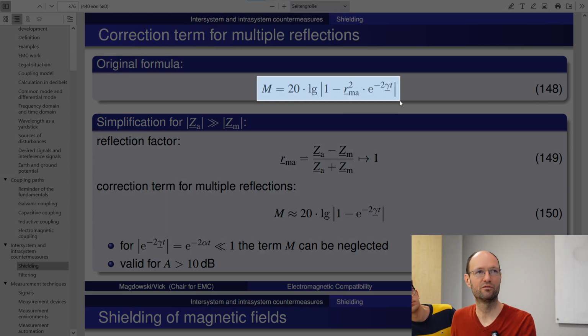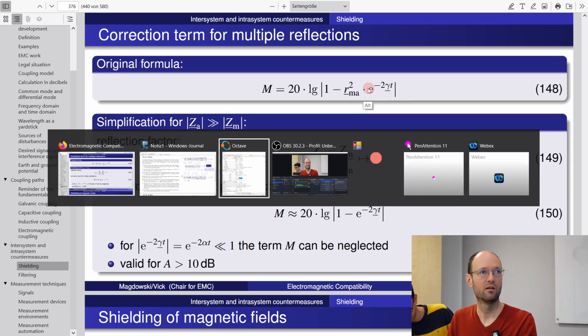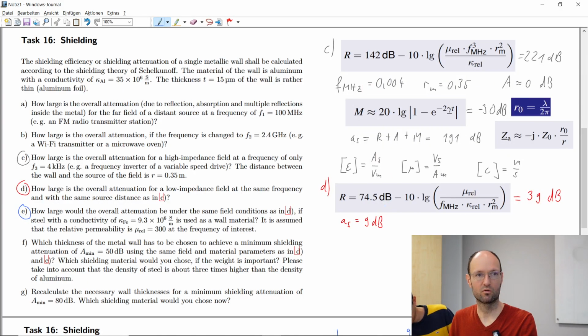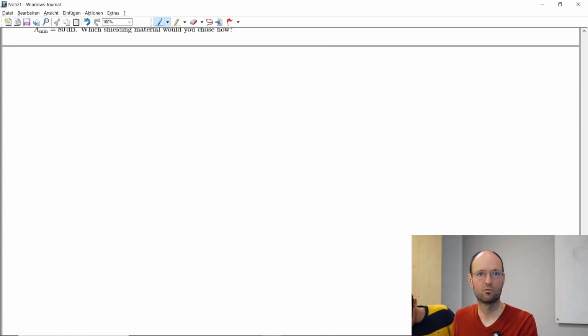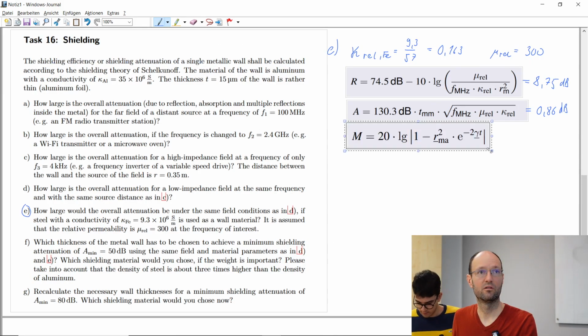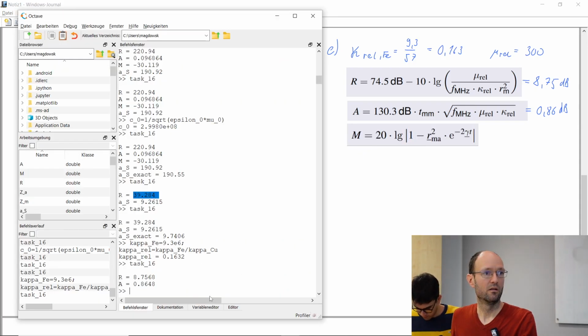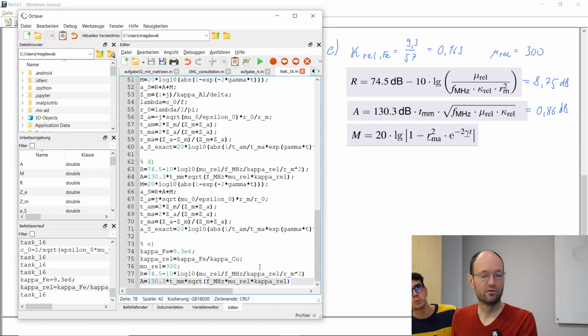getting complicated if you just have a plain calculator, because complex exponential function, complex number here, you need to do this multiplication. In Octave, in MATLAB, of course, it's no problem. So this is the formula for the M term that I will use here in the editor.